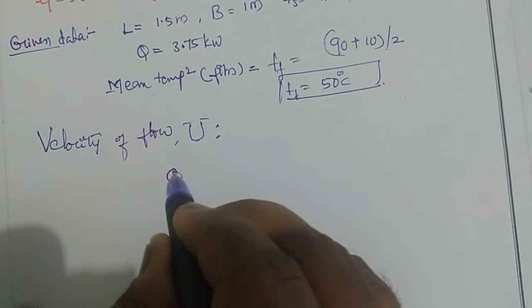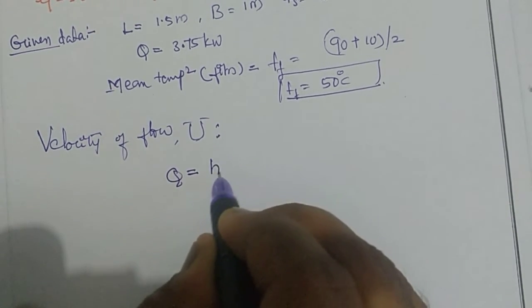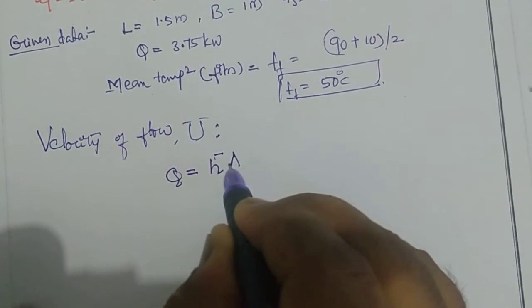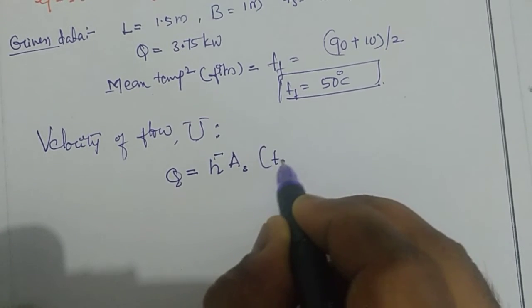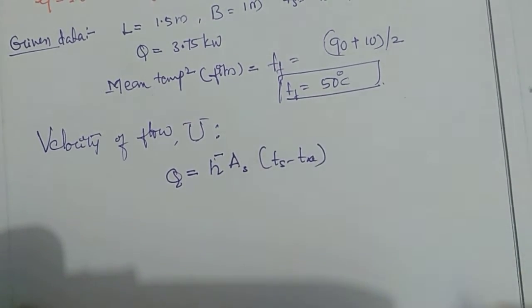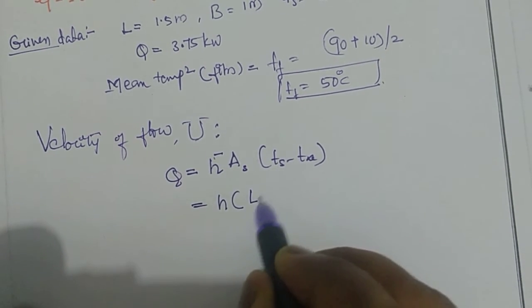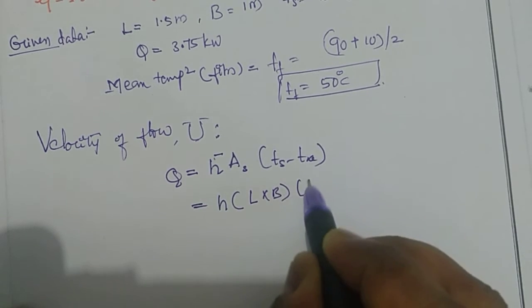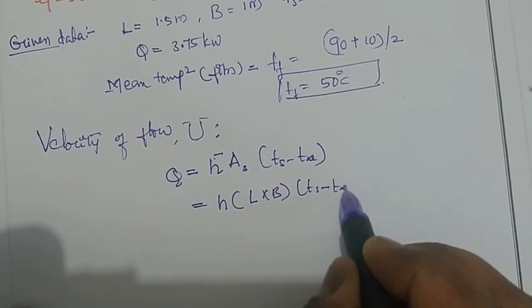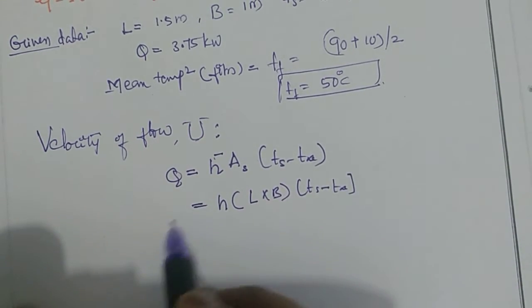Generally we know the equation Q equals h A delta T, you know this equation. So area is given, area is length into breadth, and this is normal. Now you substitute.